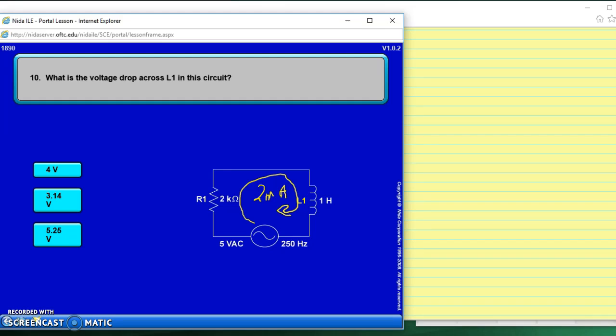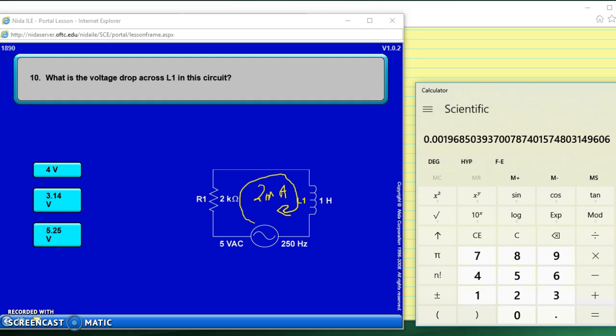So we can't forget our 2 pi FL. Sorry, the calculator disappeared there. Let's clear it out. There we go. Because remember, we've got to use the impedance, the X of L of that. So let me go back to pen mode. X of L equals 2 pi FL.